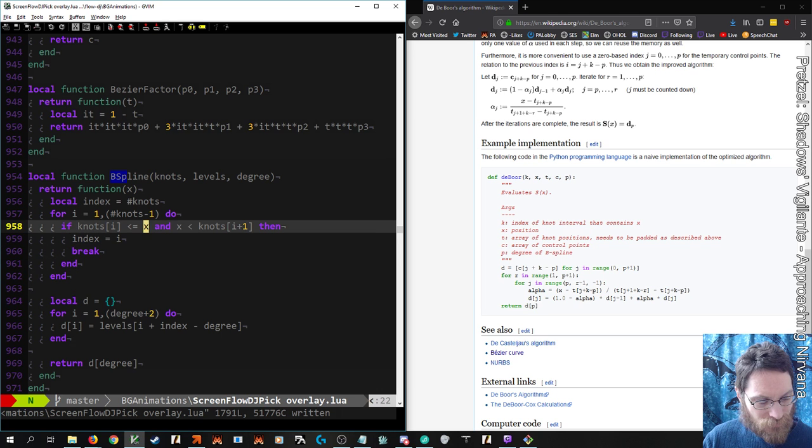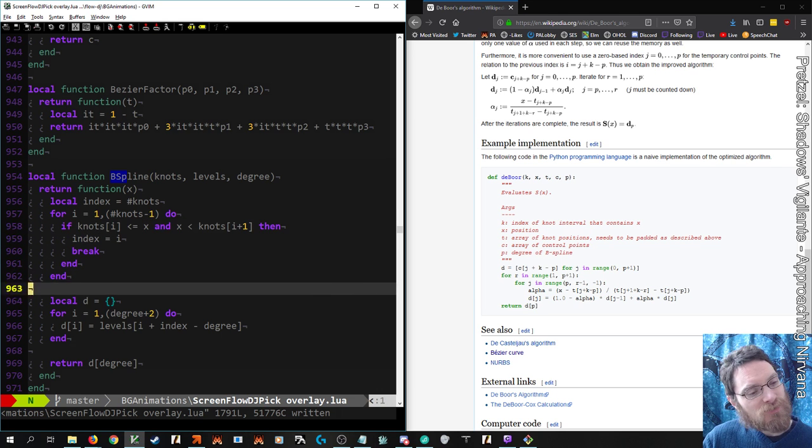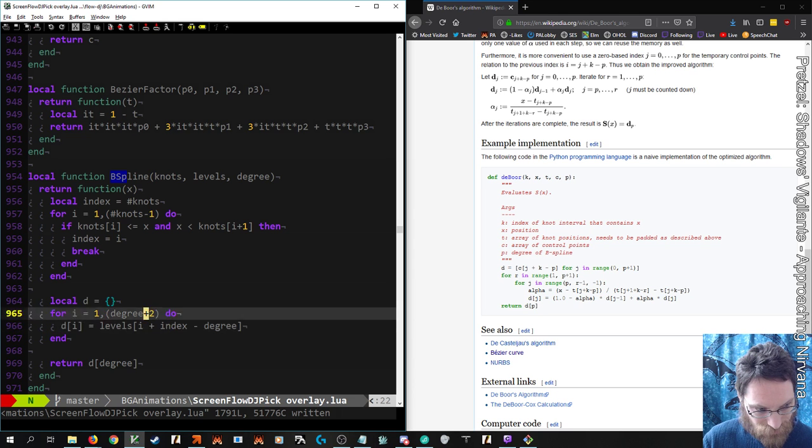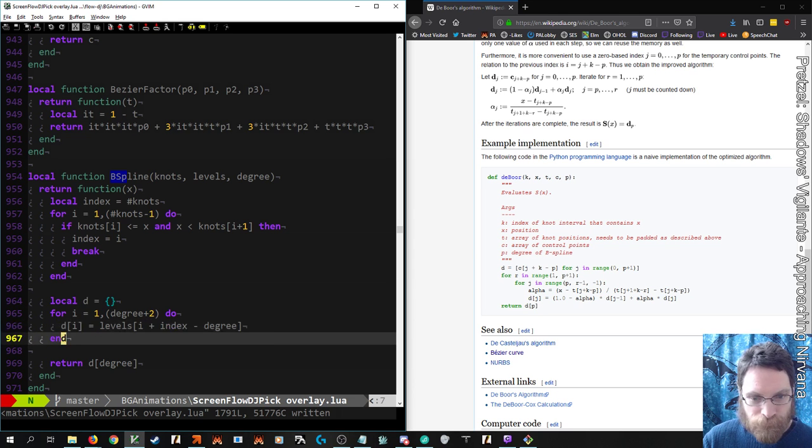Like if, well, because everything expects to do offsets to get the numbers, so. All right, and then 1 to p plus 1. Okay, so that's indexes of there.